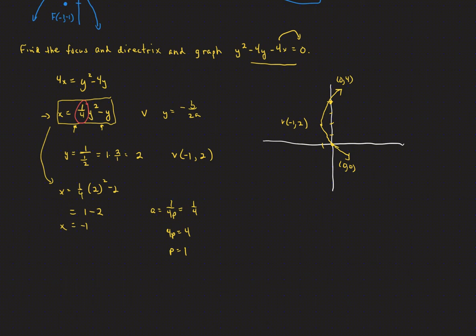So that means from the vertex going to the interior, we're going to go over 1. That's going to make that focus be at 0, 2, and going 1 in the other direction is going to give us our directrix, which is going to be x equals negative 2. Okay, very good.